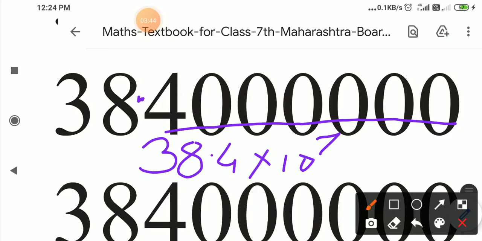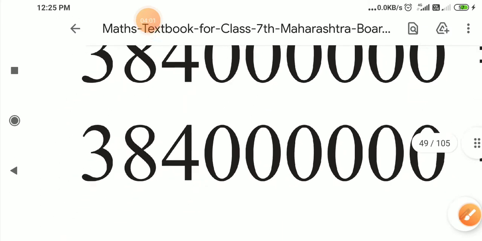So write 38.4 into 10 to the power of 7. If we write so many zeros, we cannot count them properly. So we can use 10 to the power of 7. It is the shortest way.